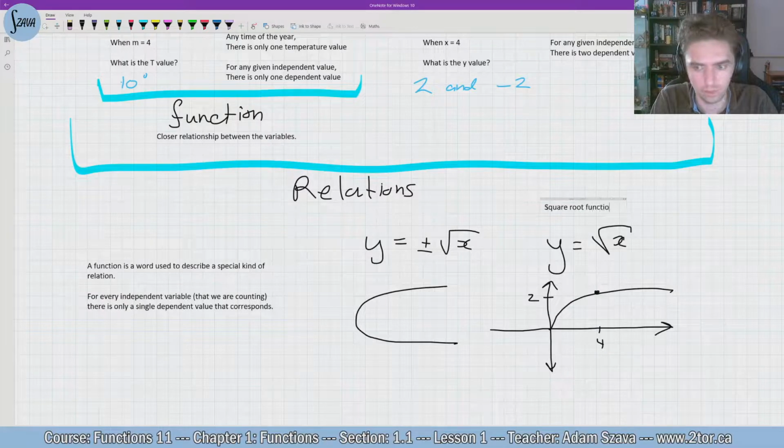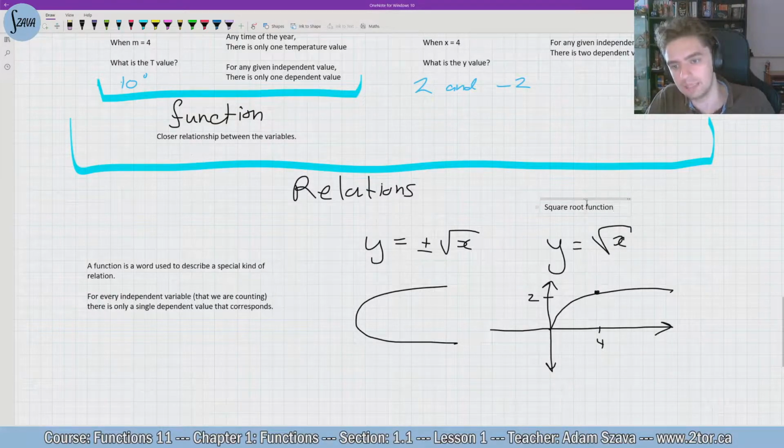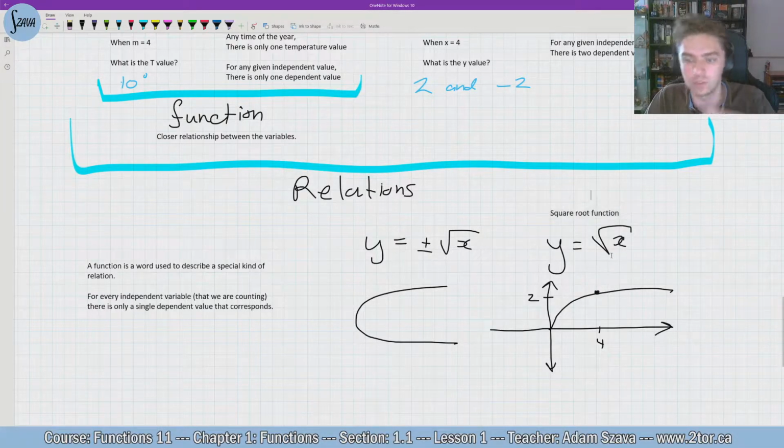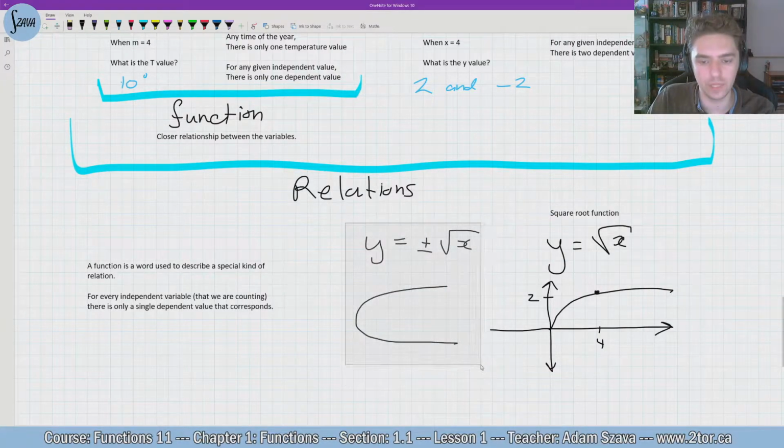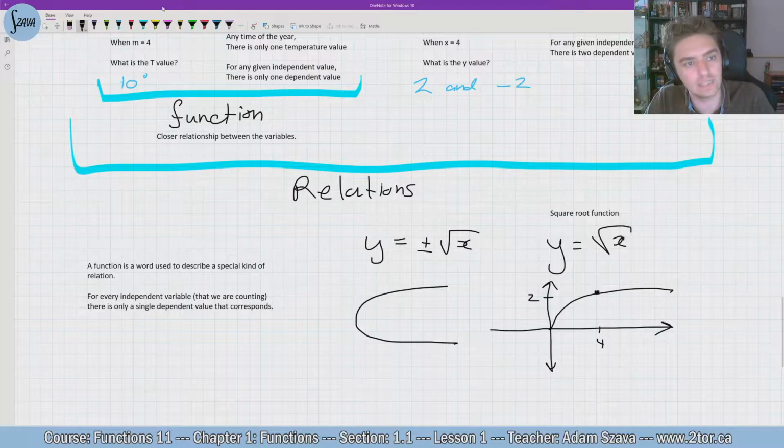We just take the positive square root here, only the positive one when I say this. But when I say plus or minus, that means I want plus or minus. So this relation is not a function, because we get two different y values for every x value. If this is an x value that we chose, whatever it is, we get two different y values.